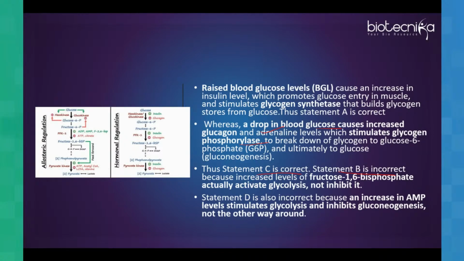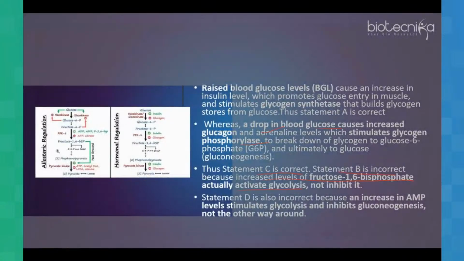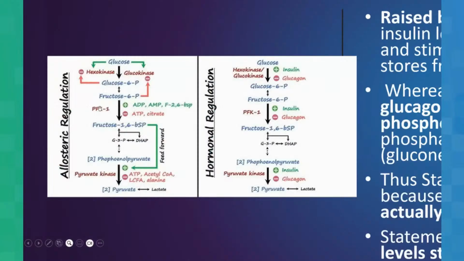Statement B will be incorrect, because increased level of fructose 1,6 bisphosphate activates glycolysis, not inhibits it. So they have also asked about the allosteric regulation as well, right? Fructose 1,6 bisphosphate is a product of glycolysis.